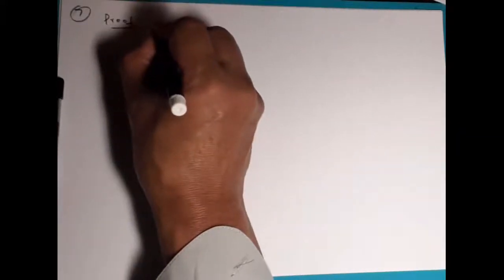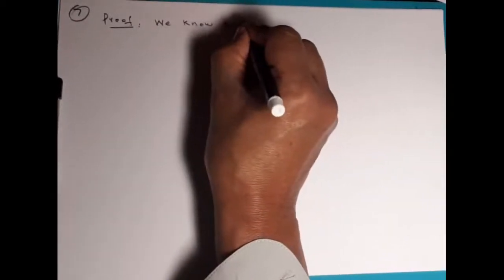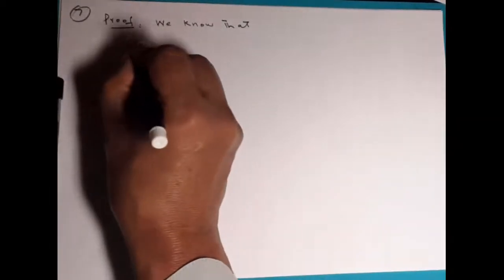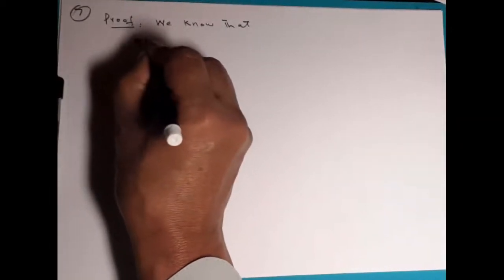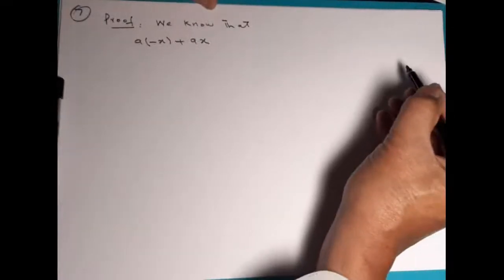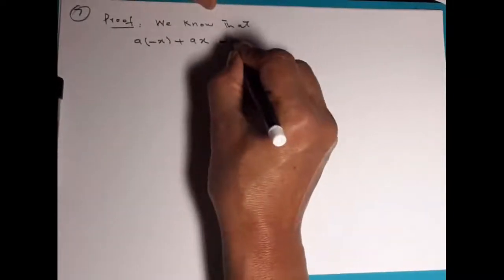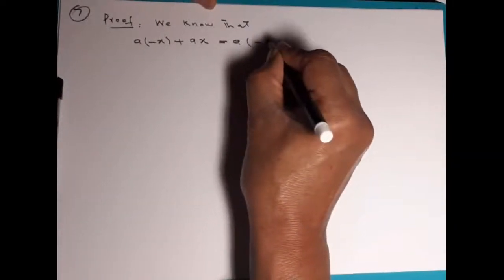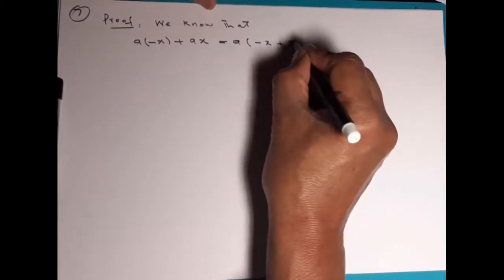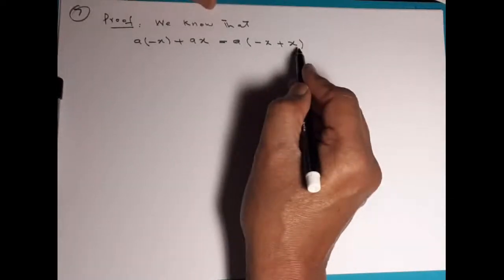We know that A multiplied with minus x plus A multiplied with x is equal to A multiplied with minus x plus x. This is by using the condition of definition of module.